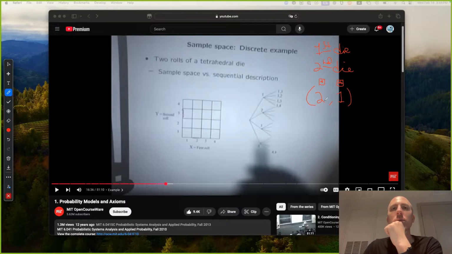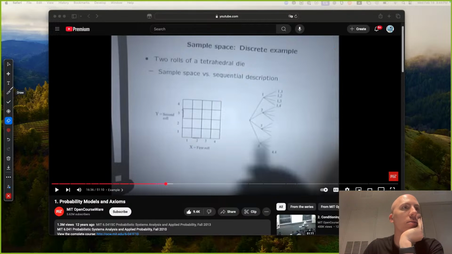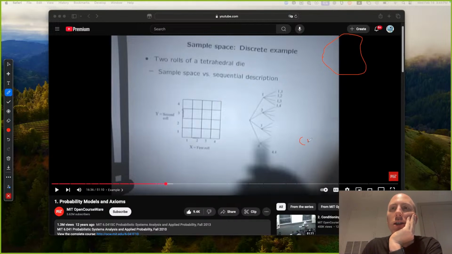Instead of drawing all these randomly, in an unordered way, you could arrange them in a grid where you say: 1,1; 2,1; 3,1; 4,1.